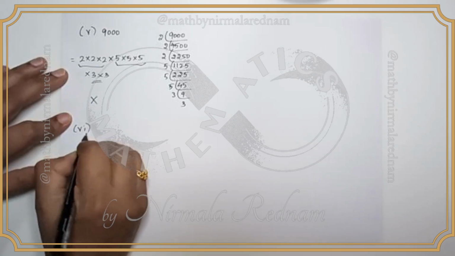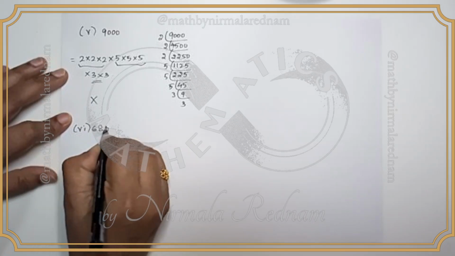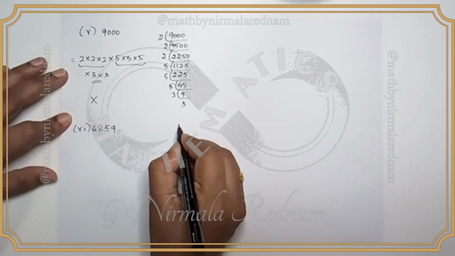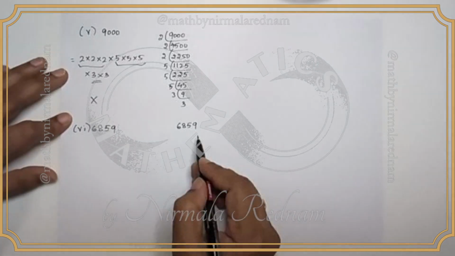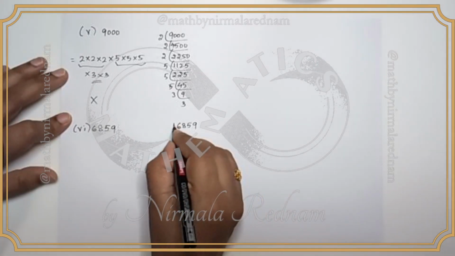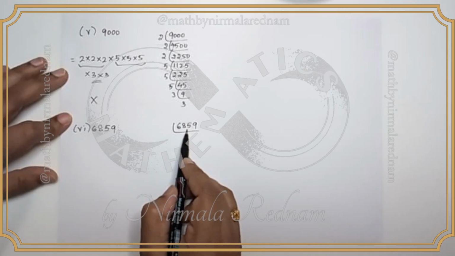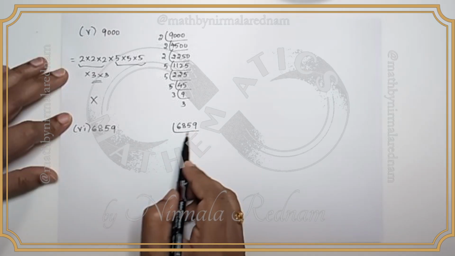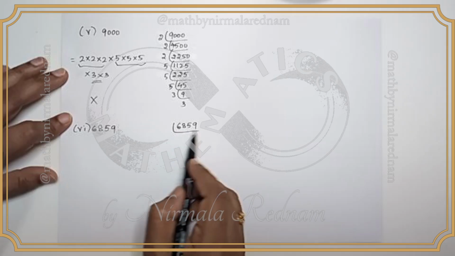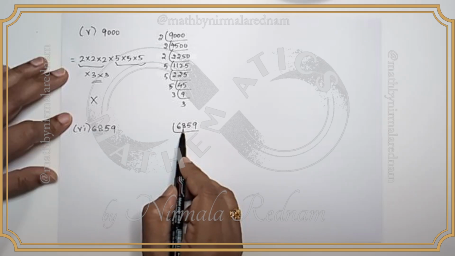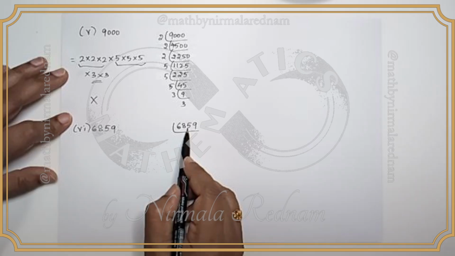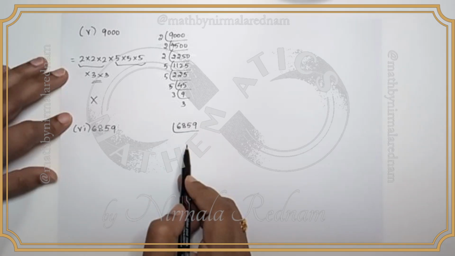Next number they have given is 6859. Okay. So 6859, clearly 2 is not a factor. You can check 3, 14 plus 14, 28, not a factor. And then we will go to 5, 5 is not a factor. 7, you can check that it's not a factor. 7, 9, 63 and then 55, 49 and 69 won't go. So 7 is also not a factor.